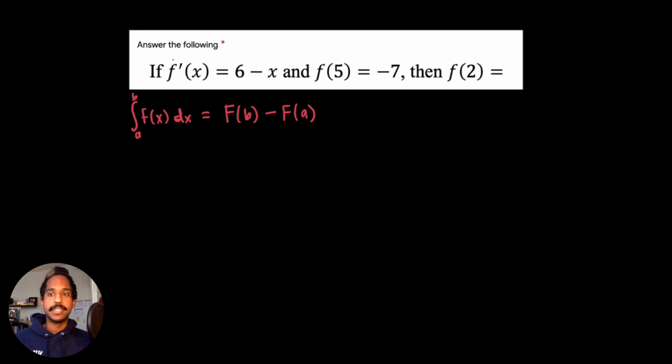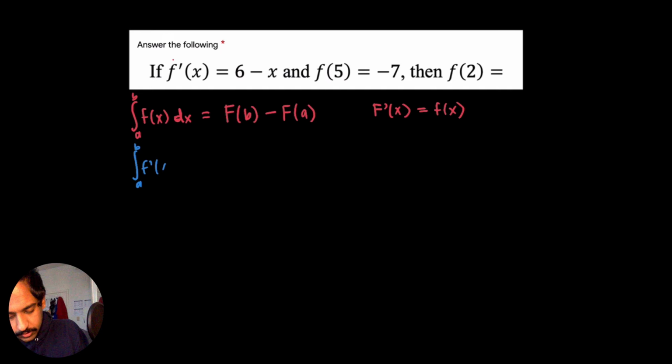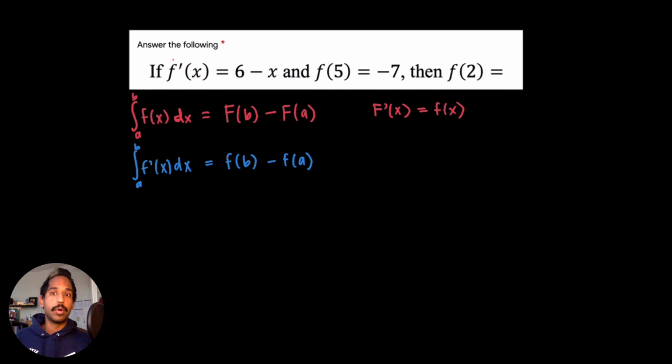We can rewrite this in another way, because remember, capital F prime is lowercase f, the function. So I'm going to rewrite it because I like to see it differently: the integral from a to b of f prime of x dx equals f of b minus f of a, all lowercase.